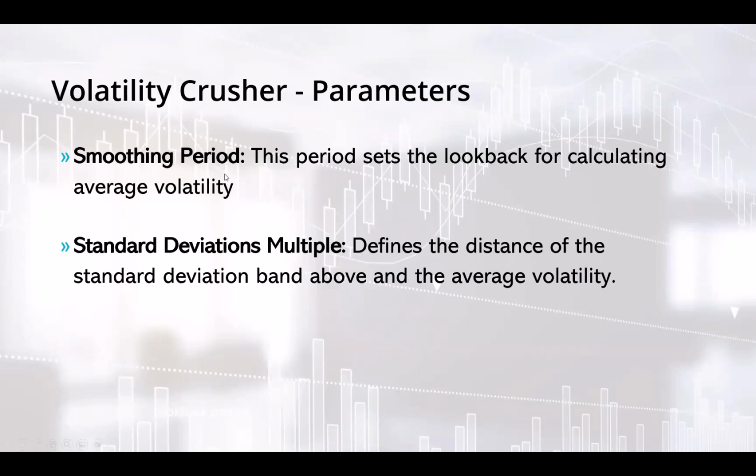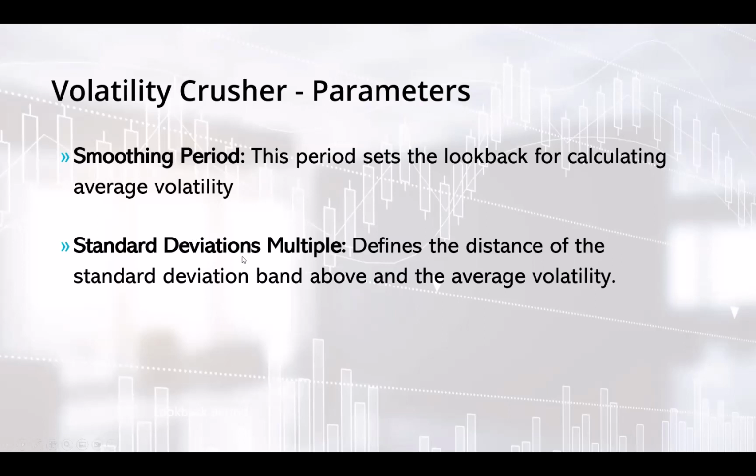Well, we're looking at the bar sizes over a period of time, which is set by the smoothing period parameter. So if this is set to 10, we're looking at the last 10 bars and averaging out the volatility of these 10 bars, which will give us the average volatility. Based on this average volatility, we're calculating something called a standard deviation multiple.